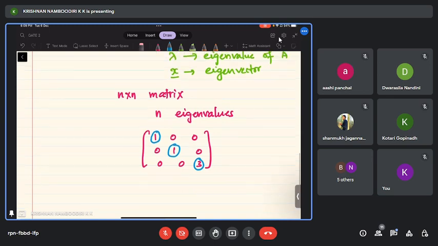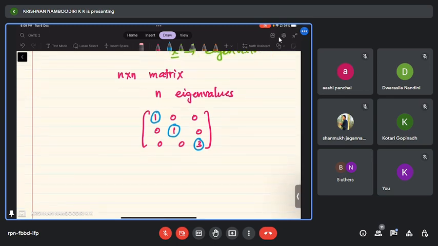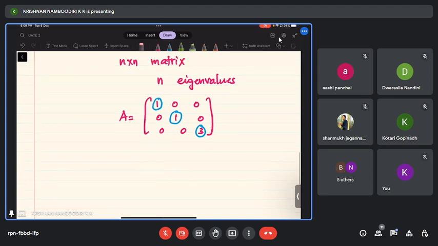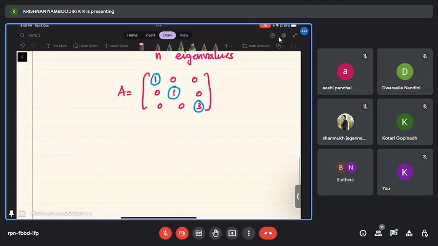Correct? Now, the next thing. First we told what the determinant of a matrix is. Now, suppose the matrix is A. For any square matrix, the property that I'm going to write is valid. Determinant of A is nothing but the product, where pi denotes the product, from i equal to 1 to n of lambda i.